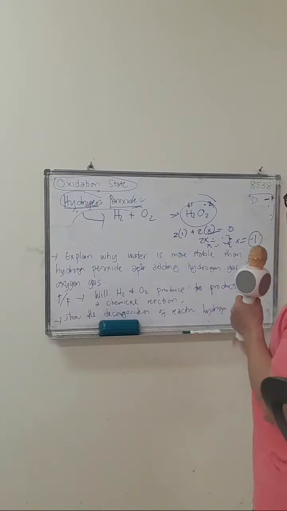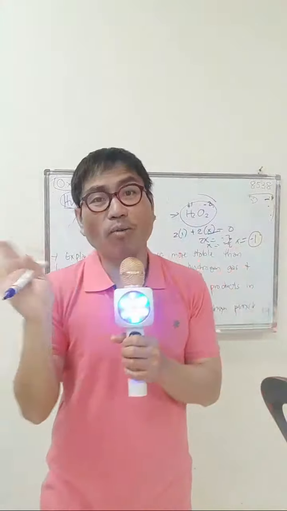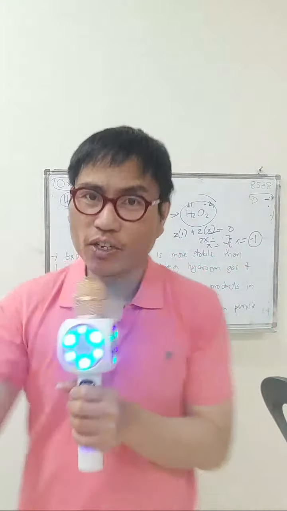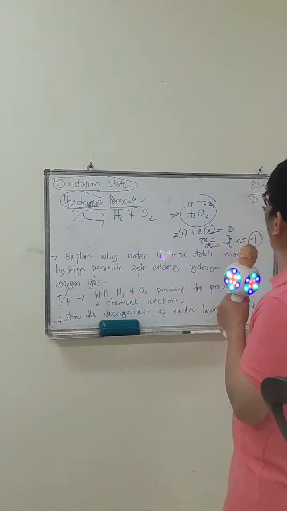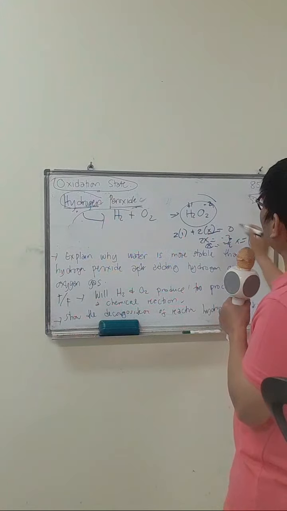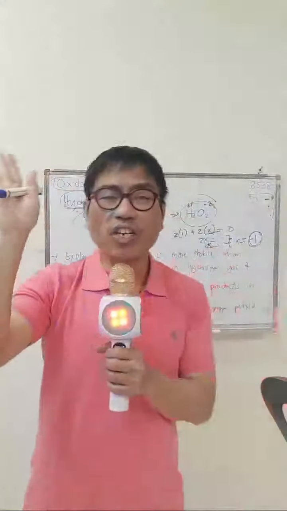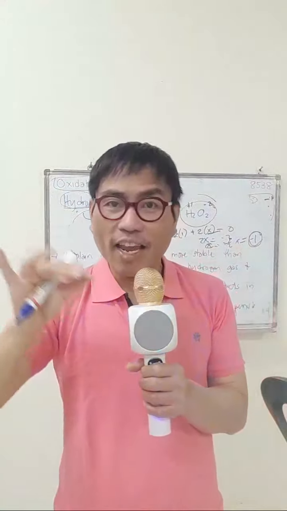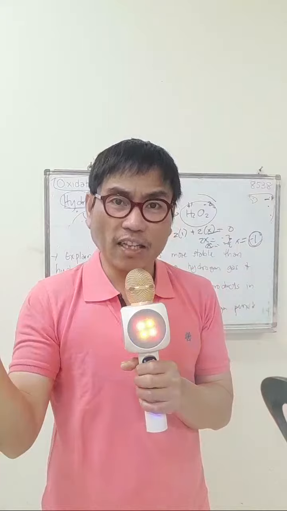Take note. This is the common mistake of students, including me when I was in first year college. The oxidation number and the oxidation state is only negative 1 for oxygen in hydrogen peroxide, but take note, the charge originally is negative 2. Meaning to say, the charge is not the same as the oxidation number and the oxidation state.